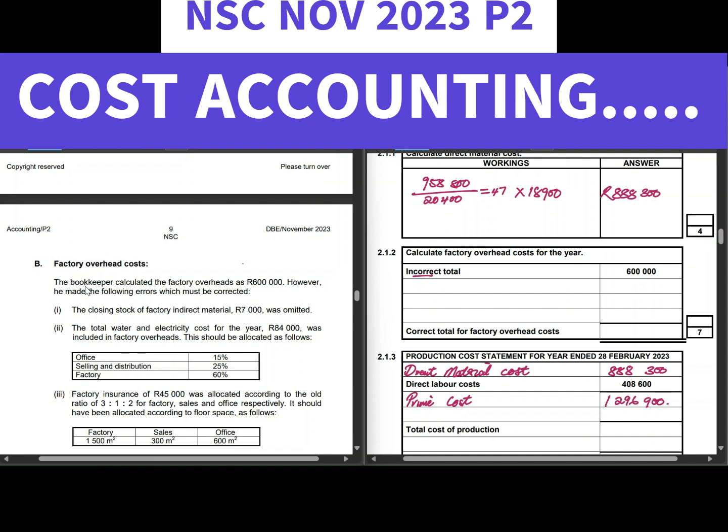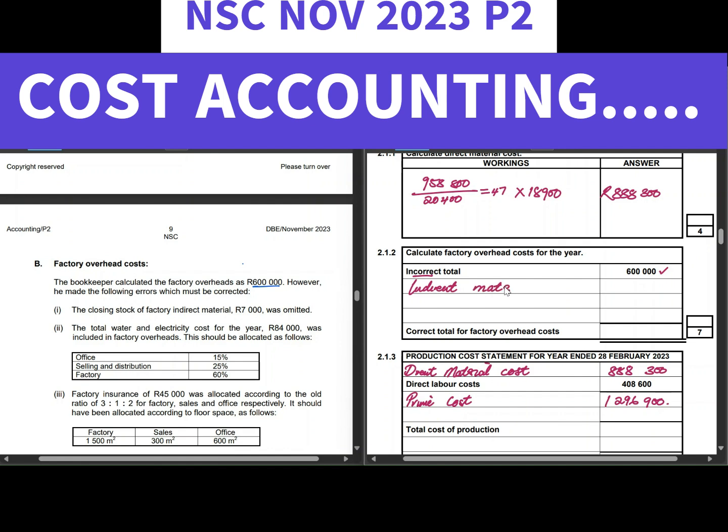Information B, it says, the bookkeeper calculated the factory overheads as 600,000, which is what we see over here. However, he made the following errors which must be corrected. Number one, the closing stock of factory indirect material 7,000 was omitted. That means I must come here and I must say indirect materials.